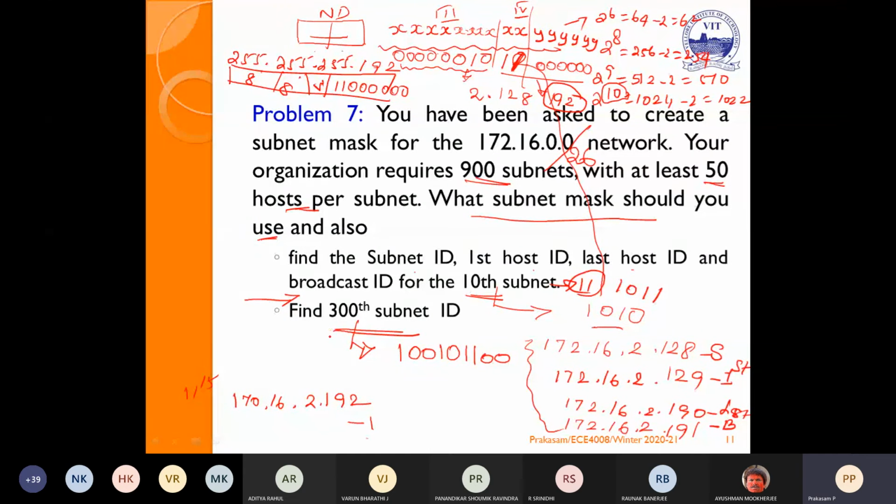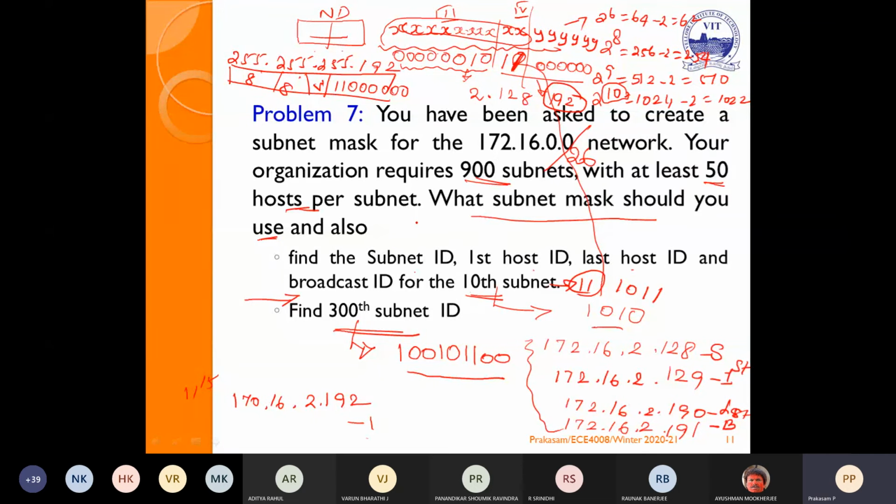It is again very, very simple. In the subnet, there are 10 bits. If you see here, 10 bits are for the subnet. So simply substitute this binary into the subnet.